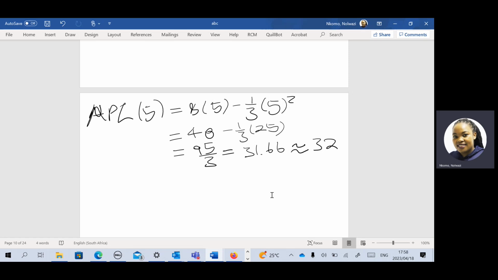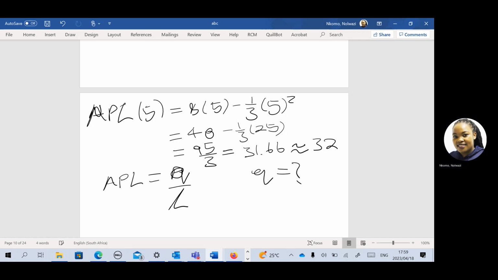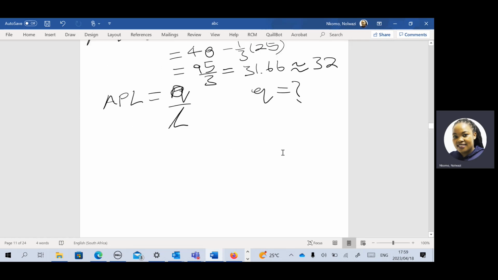And now we're asked to find the total daily output for 5 workers. So we have average production of labor as Q over L. Now we are asked to find Q, given L is 5 and APL is 32.